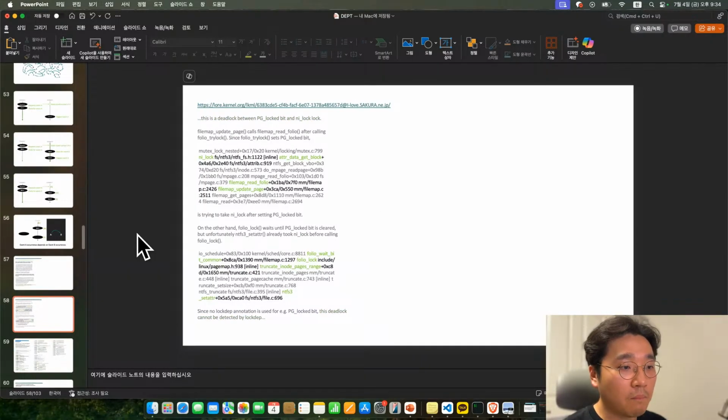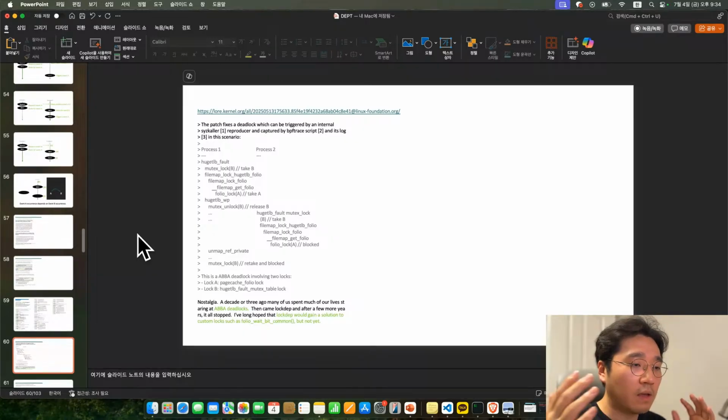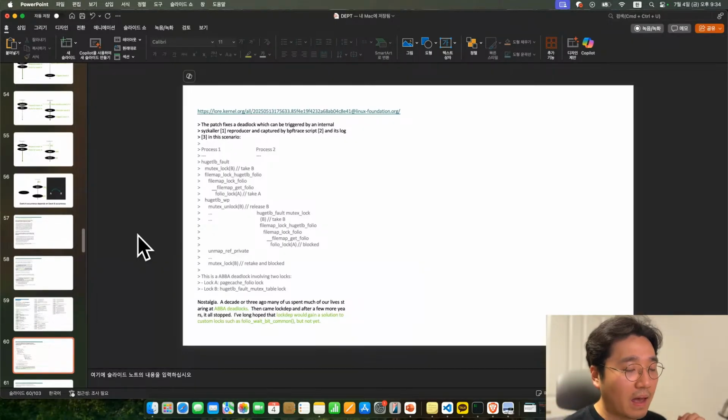So this is the mail from Linus Torvalds. Linus Torvalds asked Byung-Chul. So Lockdep has limitations in its implementation, so I think DEPT can report it.